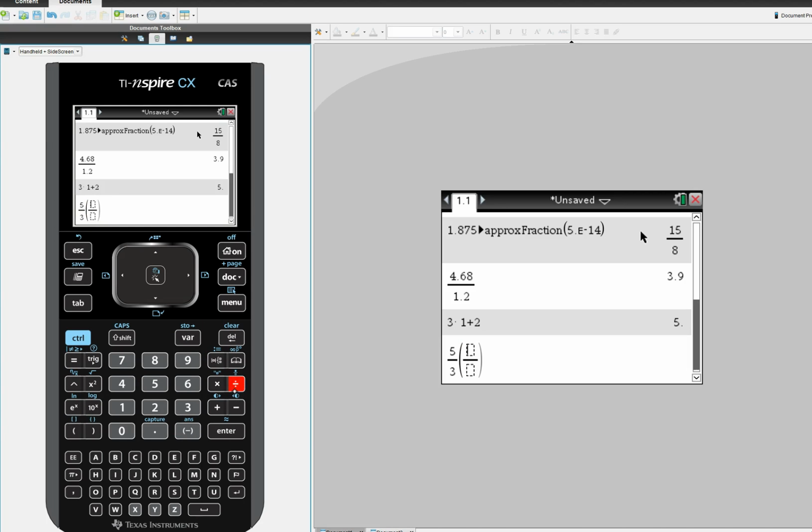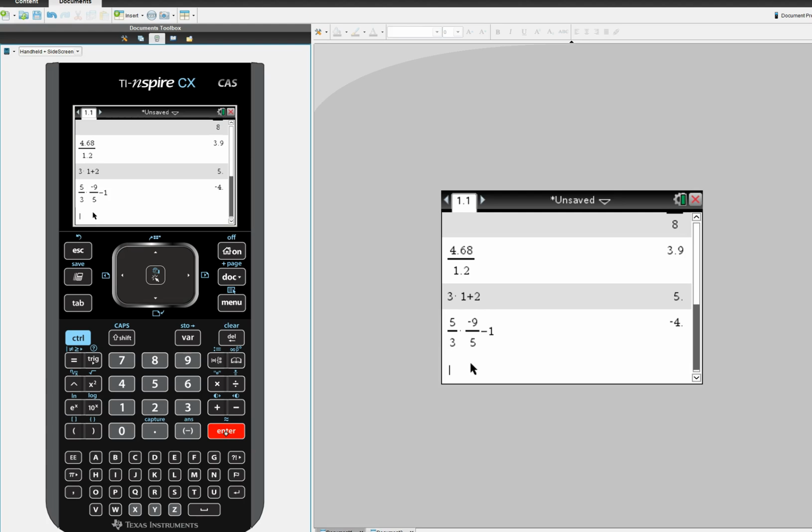Negative 9/5, is that right? And then it was plus 1 or minus 1? Minus 1? What was it supposed to equal? Hopefully negative 4. Is it right? It gets harder to check it, but it's still approachable. We can still do that. Is that okay? All right.